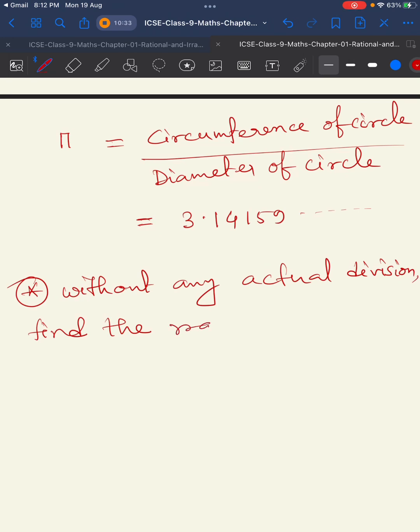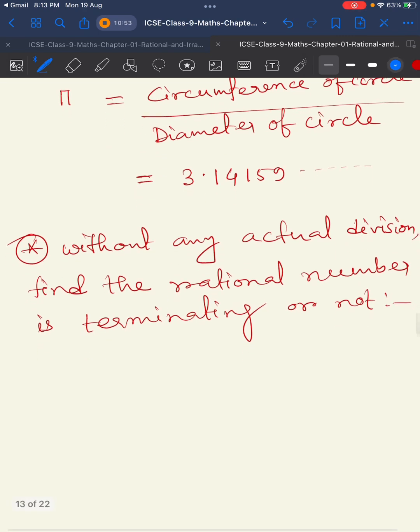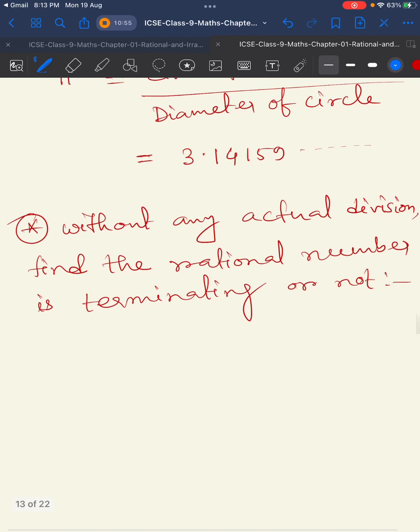So how to prove, without any actual division, whether the rational number is terminating or not?